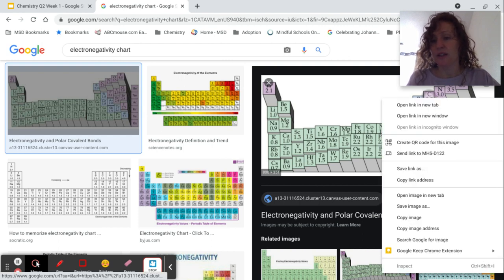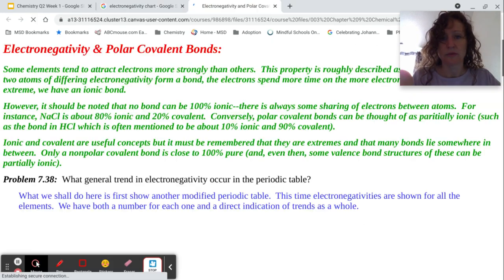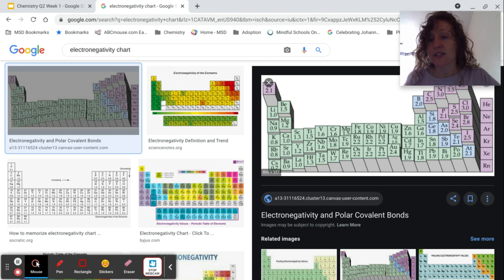Whereas carbon here, which is a 2.5, and chlorine here, which is a 3.0, when you subtract those, their difference is going to be rather small, 0.5 of difference. And chlorine with chlorine, that'll be a difference of 0, right? You subtract those, you get 0. So we can do this in terms of numbers, but really what it comes down to is that division of the metalloids is going to divide us between a big difference in electronegativity and a small difference in electronegativity.